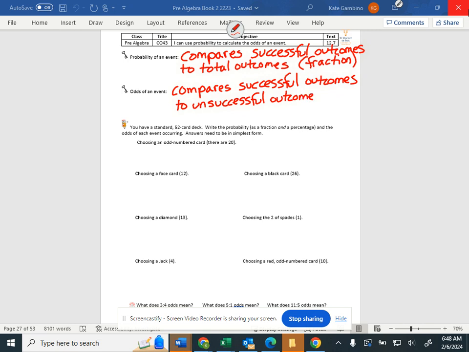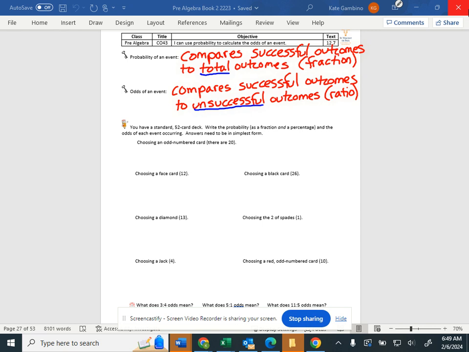And this is shown as a ratio. So important to note, probability of an event is those successful outcomes to total outcomes. Odds of an event are successful outcomes to unsuccessful outcomes. So it's going to be very different numbers. We need to keep them straight.